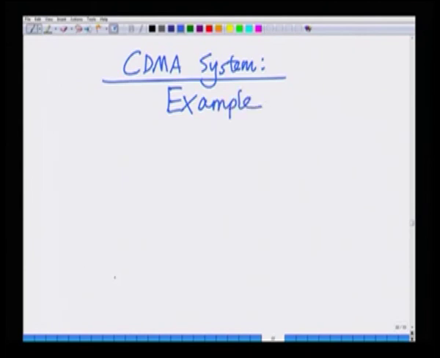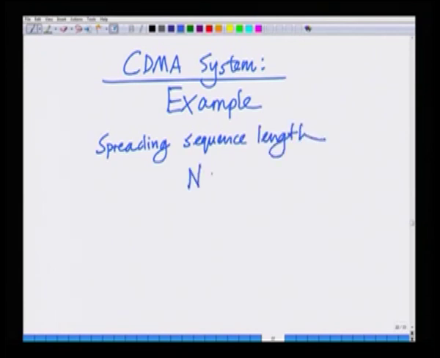So, let me consider a CDMA system with spreading sequences of length 256. So, spreading sequence n equals 256, that is the length of the spreading sequence.